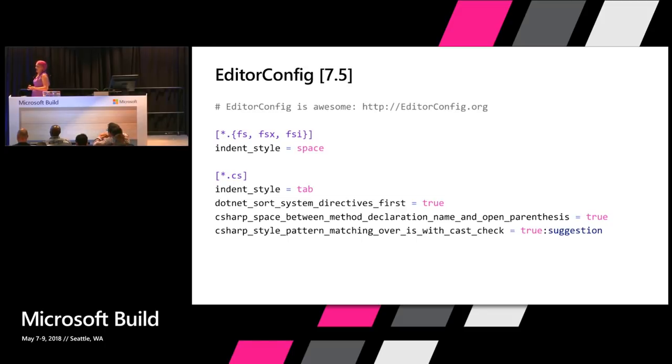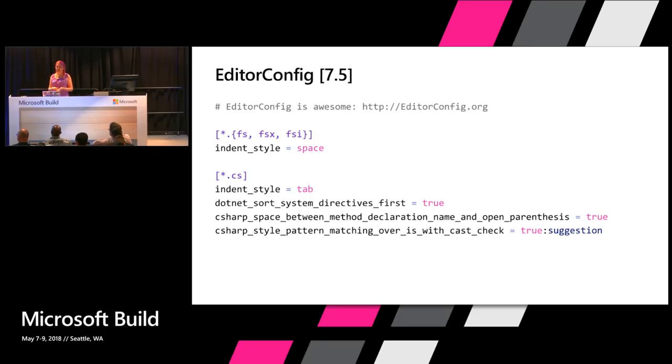The summary of EditorConfig is it enables you to define your code style in a file in the root of your project or various subdirectories. And that means that anyone working on your project gets the same code style. So if you're working on a team or open source, it makes sure that you have consistent style, consistent formatting.